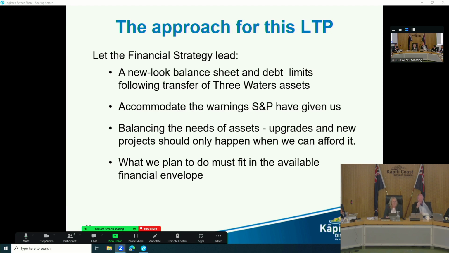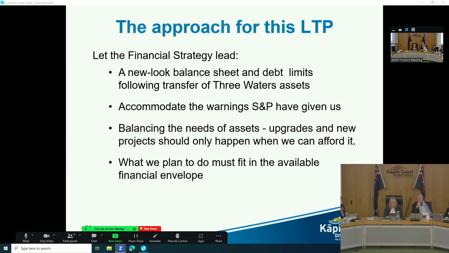So this is where we let the financial strategy lead us. Like I said, we're already doing some work on what that financial strategy is going to look like, because it's got a lot of transitional points in a lot of different income and expenditure areas. So more than in the past, that financial strategy has to lead us in what we can do.